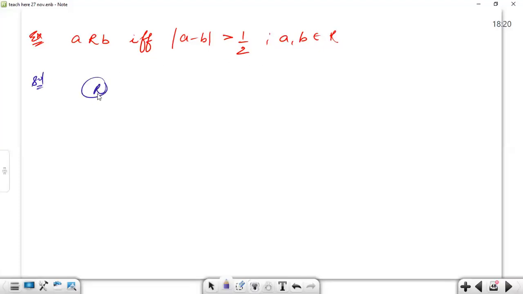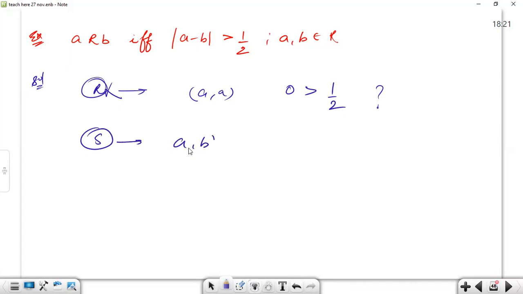So let's check for reflexive relation. If we take the same numbers A and A, their difference will be zero, and will zero be greater than half? No, sir. No, so it's not reflexive.